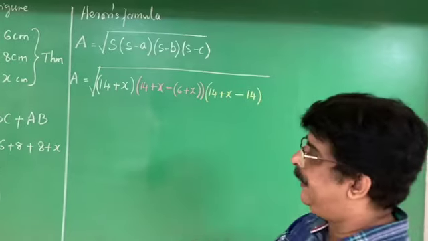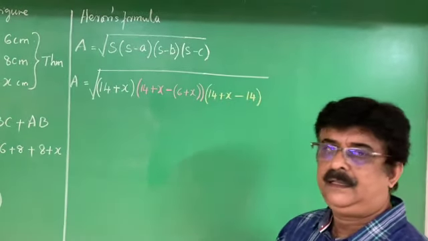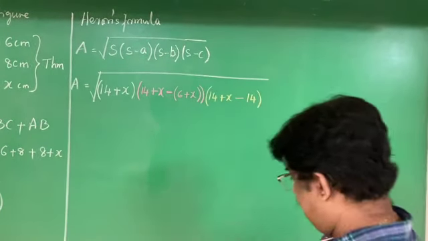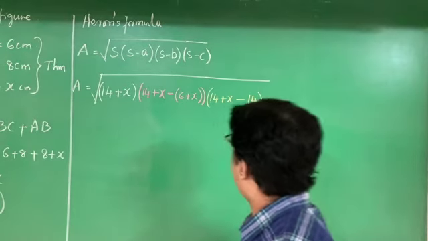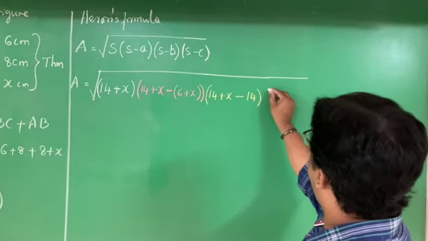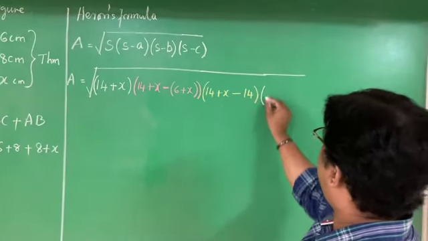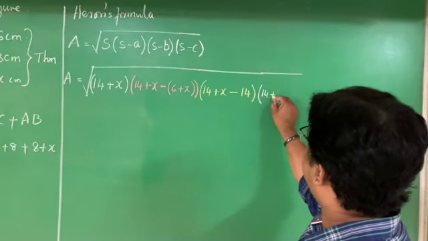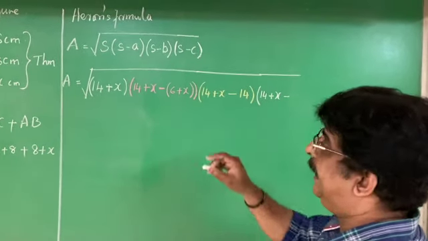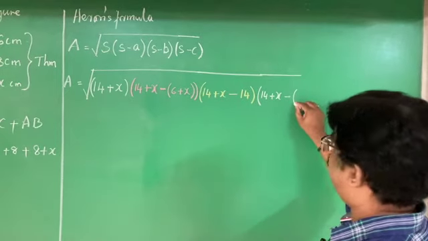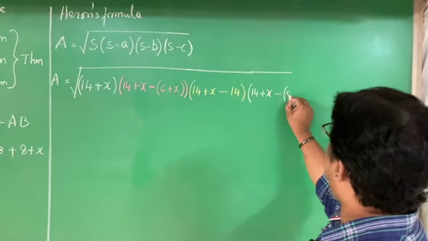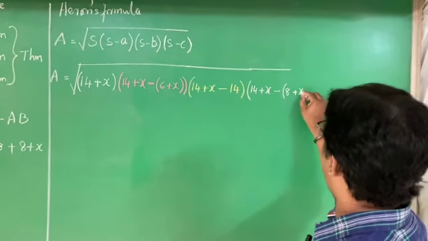B means BC length, 6 plus 8, which is 14. I can simply write 14. Then here I change the color, I will come back to the white only. S minus c is 14 plus x minus, again since there is a binomial, minus of 8 plus x.